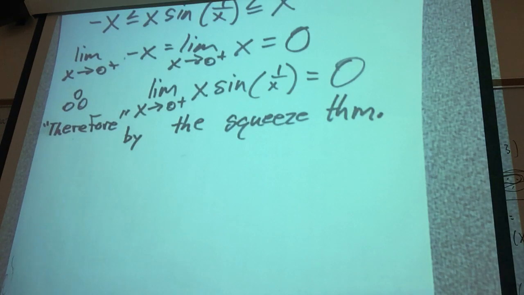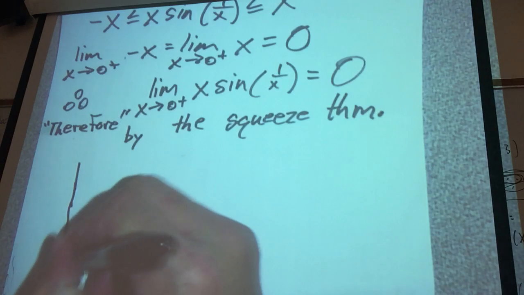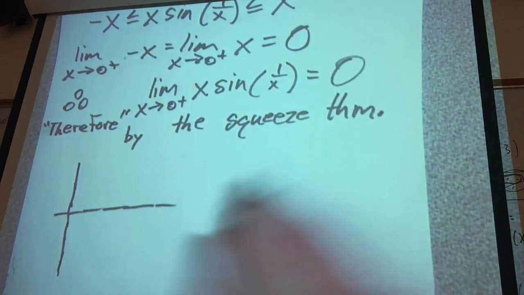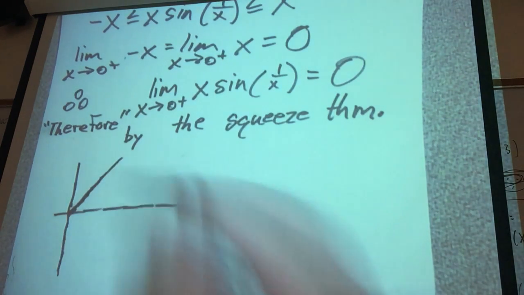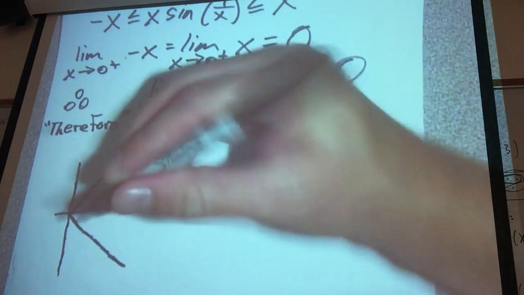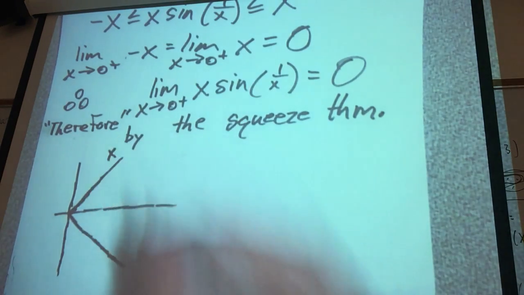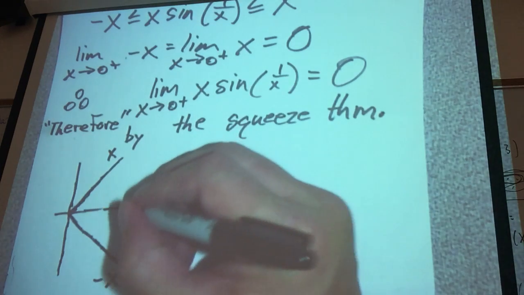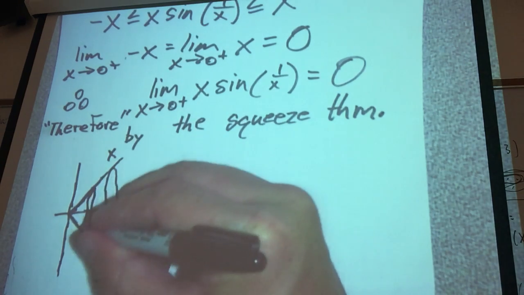So we have our negative x and we have our normal x. So this is our x, this is our negative x, and then we're going to have our x sine of 1 divided by x.